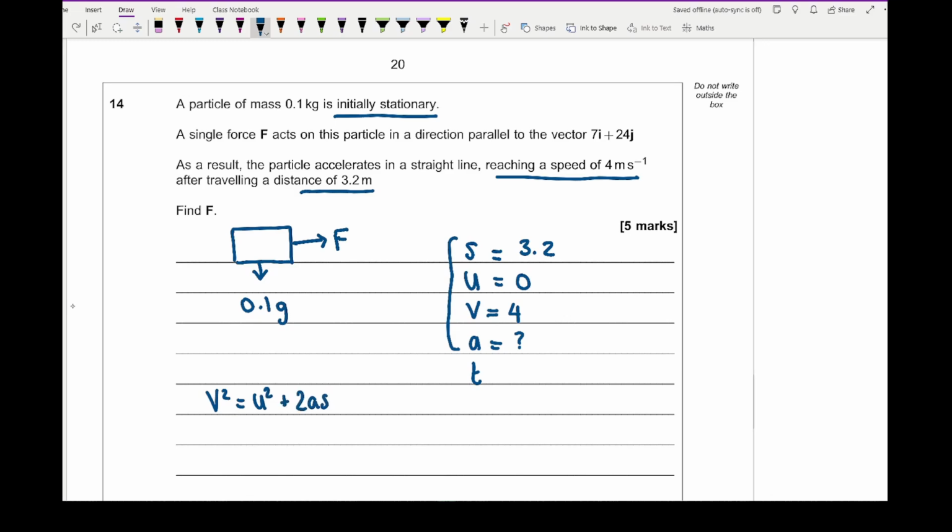Substituting those values in, 4 squared is equal to 0 squared plus 2 times a times 3.2. That would give 16 is equal to 6.4 lots of a. So a is 2.5 meters per second squared.